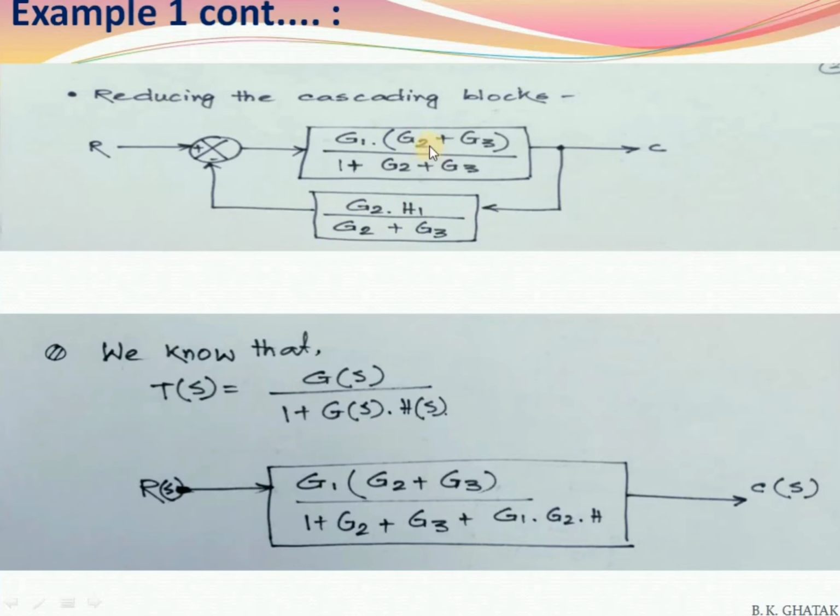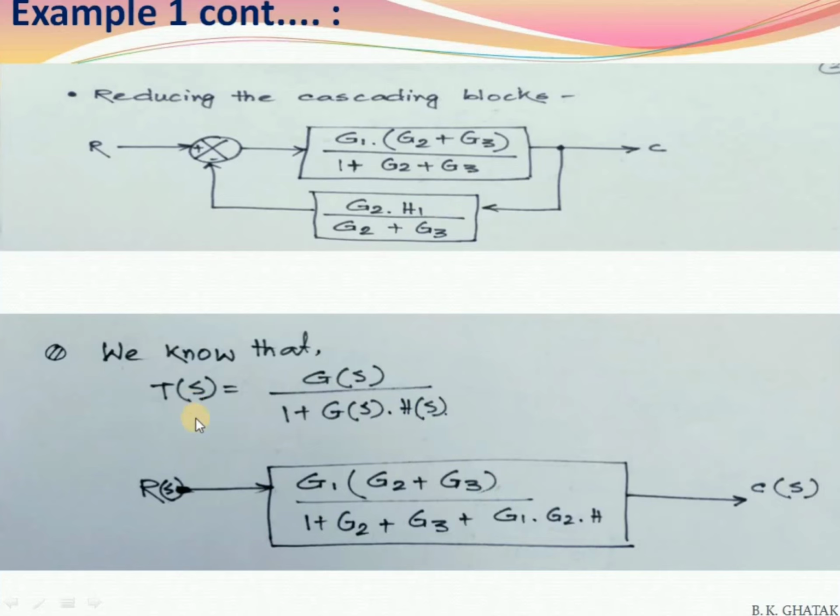So suppose this one is G and this one is called H. So what is the equation of that? The transfer function T(s) should be G(s) by 1 plus G(s) into H(s). Clear or not? So we can put these values in G and H. Clear? And calculate, and then we get the final transfer function.